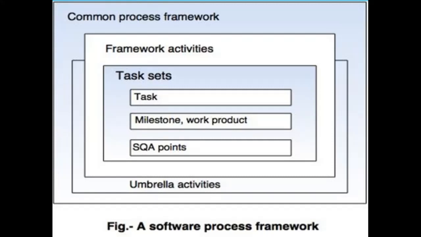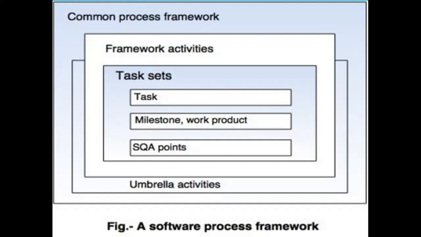It includes the set of all the umbrella activities. That means all the umbrella activities are carried out in the software process framework. It also includes a number of framework activities that are applicable to all software projects.